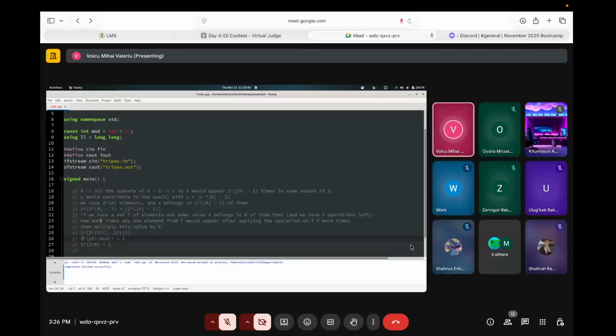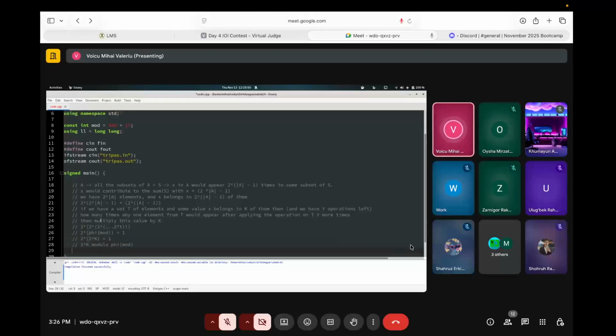And really what we want is to calculate 2 to the power of k modulo phi of the initial modulo. And if k is a power tower of its own, then we have to calculate this modulo phi of mod.